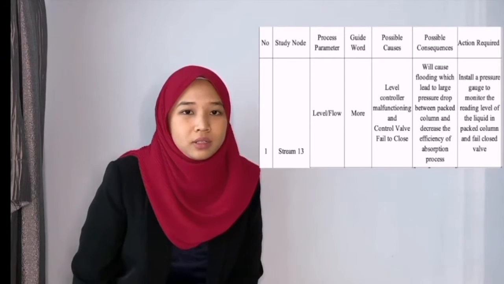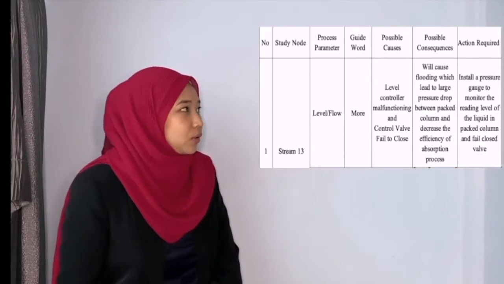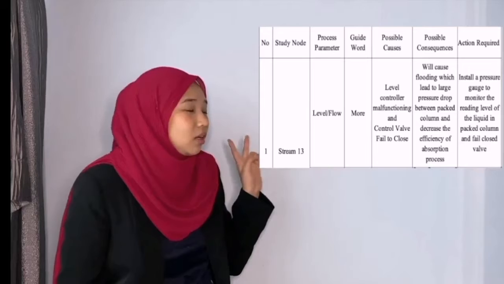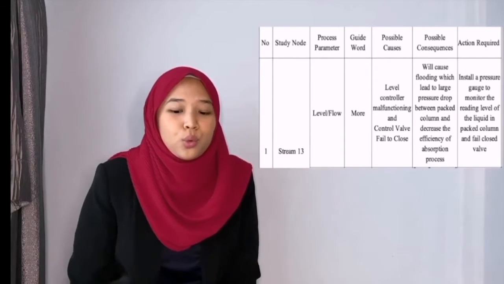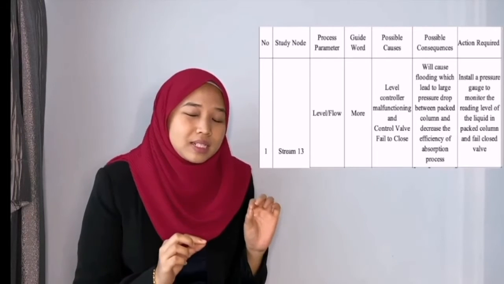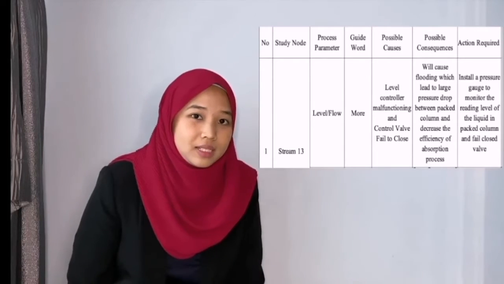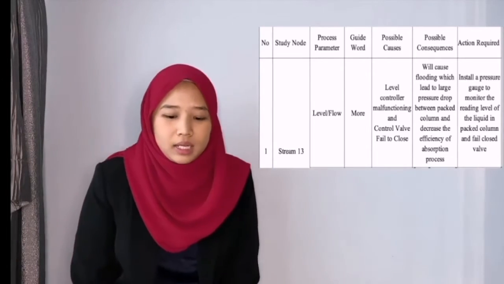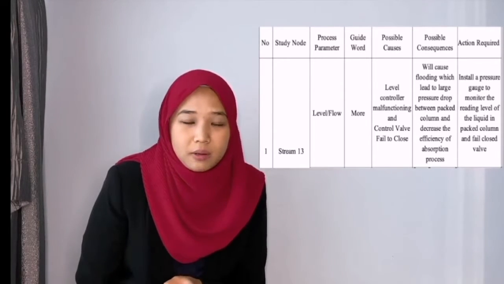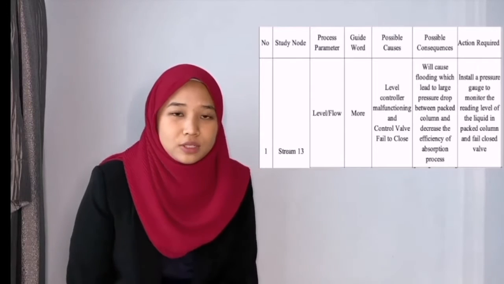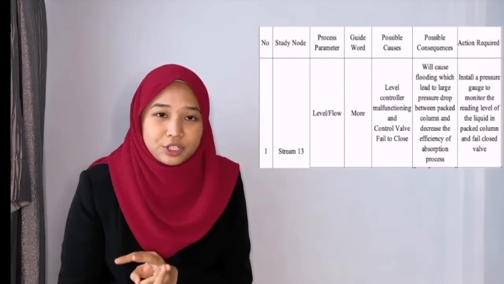On this screen you can see an example of a HAZOP study of acetylene production by partial oxidation from hydrocarbon feedstock. The second column of the HAZOP study is the study note, where the location of the process that a potential hazard can take place is stated. The next column is the parameter of the process, such as flow rate, temperature, or pressure.